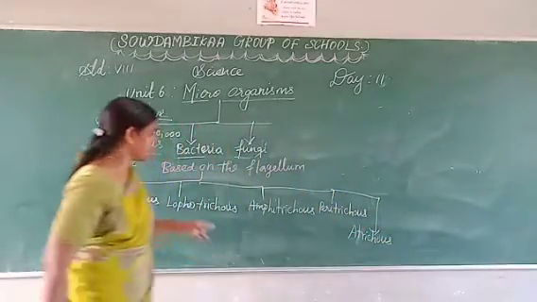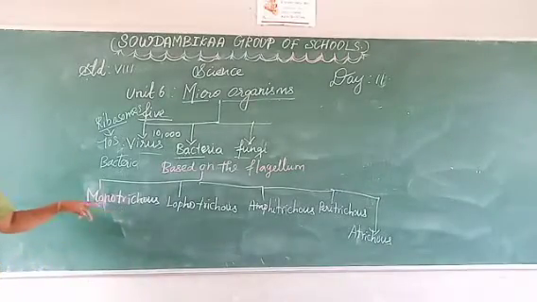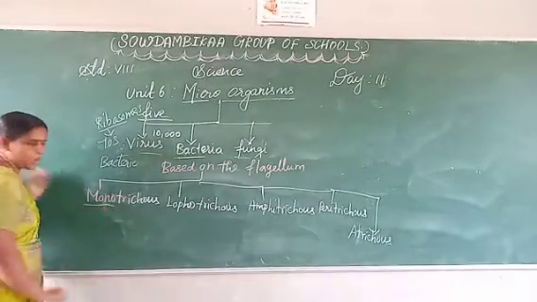Trichous means flagella. Mono means one.